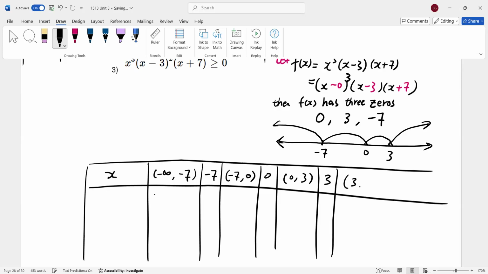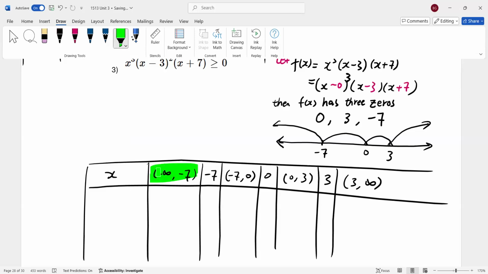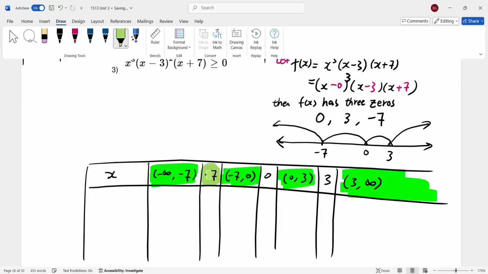And from 3 to positive infinity. So we should have 4 intervals and 3 zeros. I can color them differently if that helps. This is an interval, interval, interval, interval, and this is a zero, this is a zero, this is another zero.